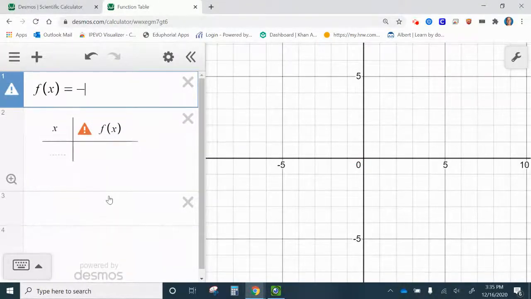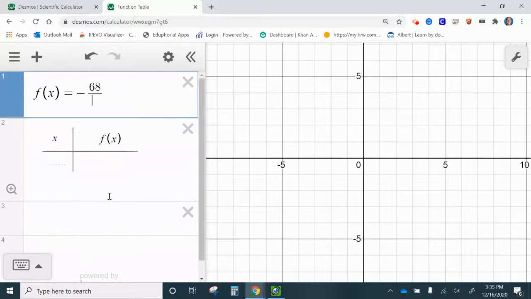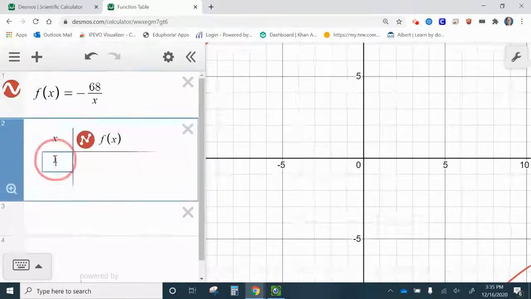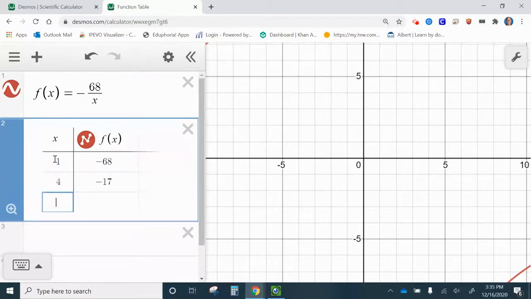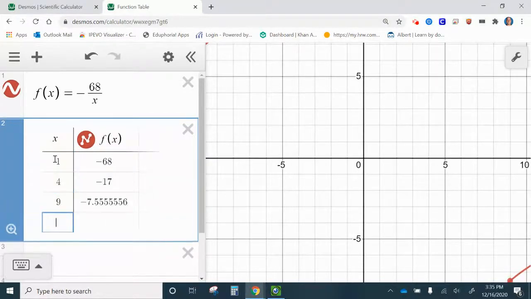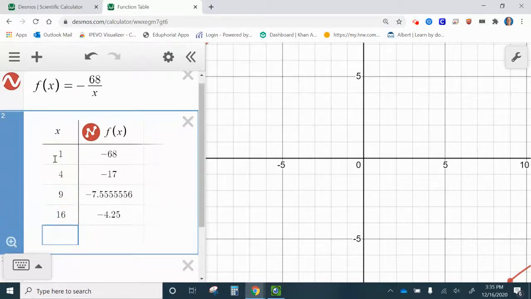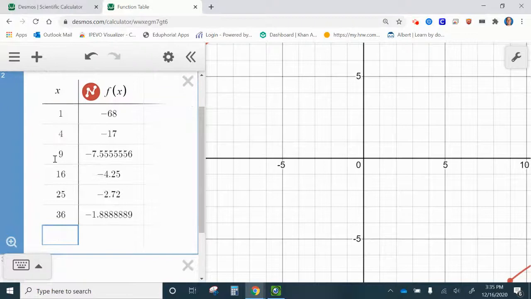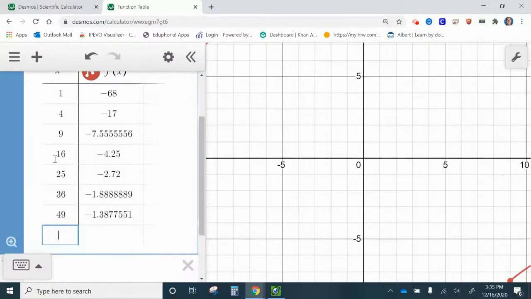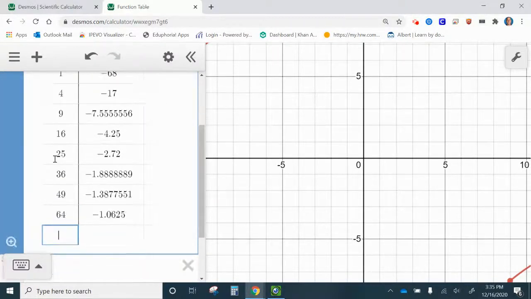So we're going to do negative 68 divided by x, and we're looking for a perfect square, so 1. 4 works, okay, but let's try 9. 9 doesn't work. 16 doesn't work. 25 doesn't work. 36 doesn't work. 49, 64. You can pretty much see that that's not going to work. So 4 times negative 17 will work.